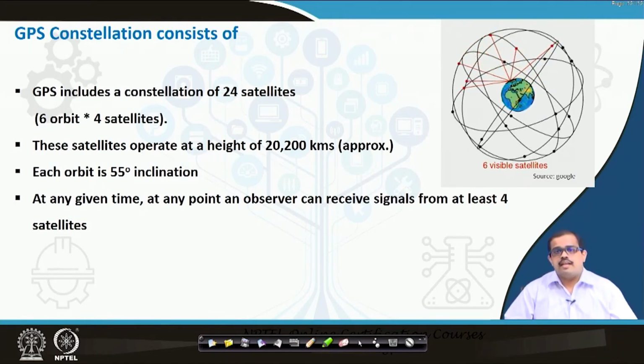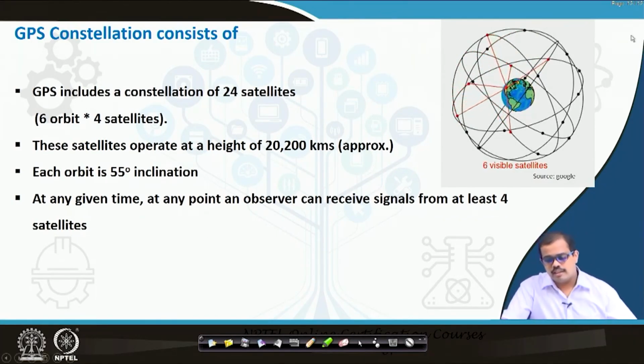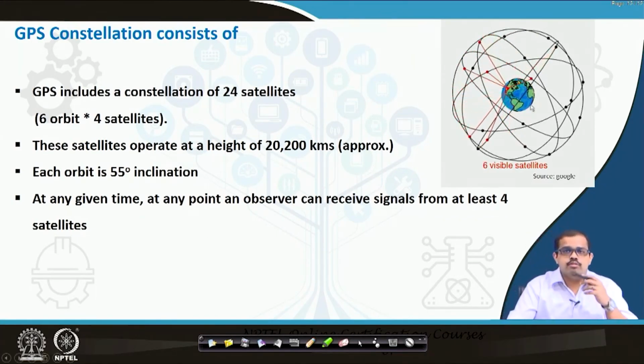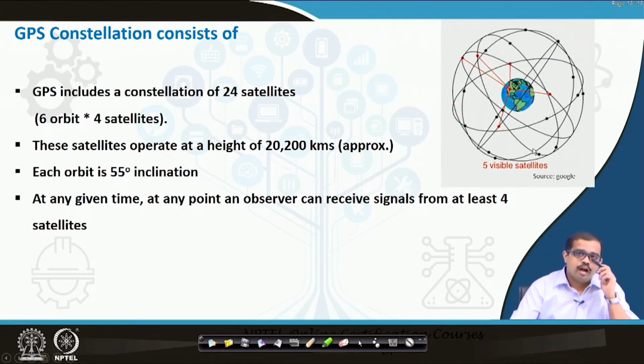Then each orbit has a 55-degree inclination. At any given point of time, an observer can receive signals from 4 different satellites. So this is what I explained in my previous slide. Just to show you this particular image here, this is an image that I sourced from Google, which explains how the satellites move across the Earth's surface.